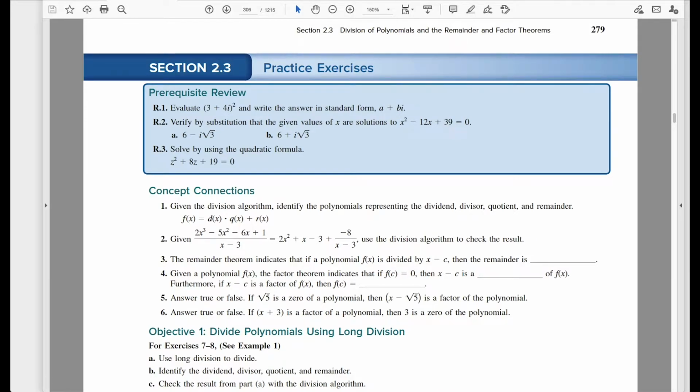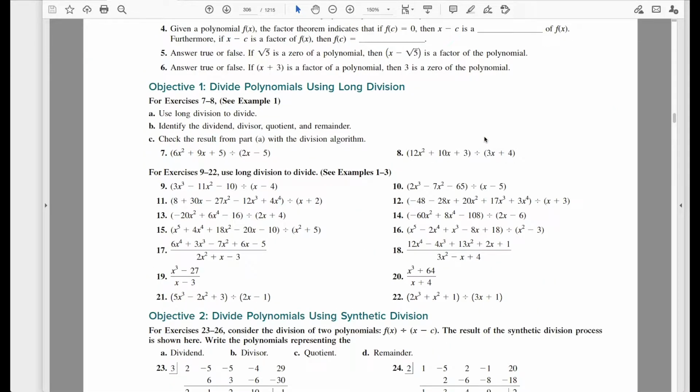Let's now go to the book and see the division algorithm in action, how it can be used. That's 2.3, page 279. And let's do number 10. So use long division, which is the division algorithm, to divide those two polynomials. Okay?